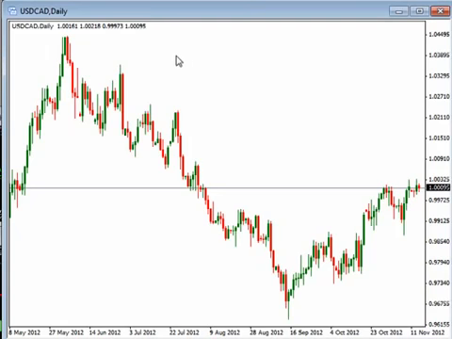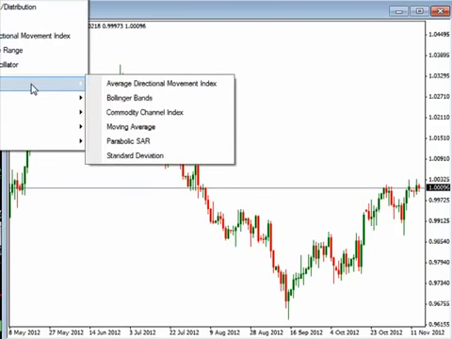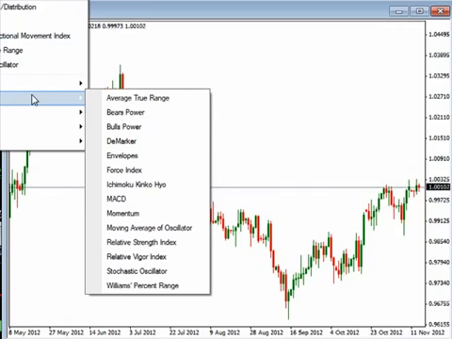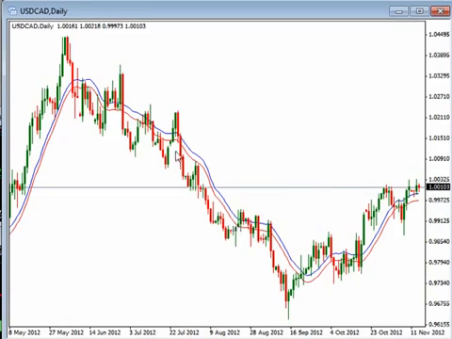Just wanted to continue on with what we talked about yesterday with the idea of the trends that are happening. And this is the daily chart. This happens to be the U.S. CAD. One thing that you can do to get an idea of the trend direction is you can always add different indicators that might help you with the direction that things are going. And one of the things is an envelope.